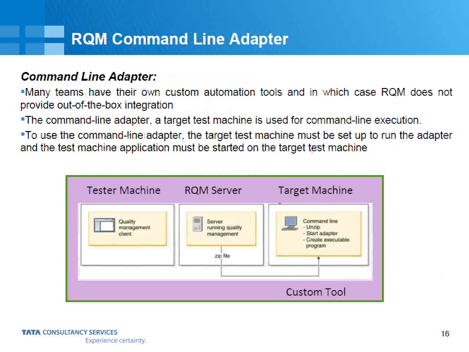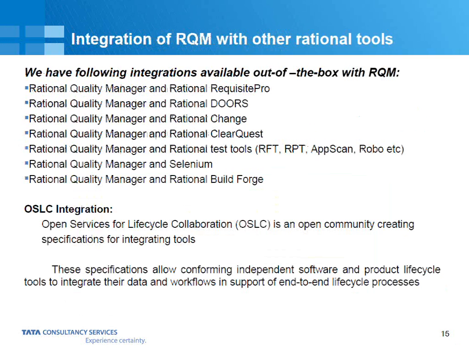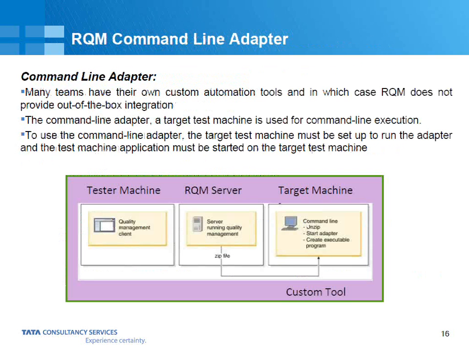This is one more important thing. As we saw in the previous slide, these integrations are out of the box. And there is one more adapter called the command line adapter. This is a generic adapter, and you can integrate with any other tool. So it's a simple thing.